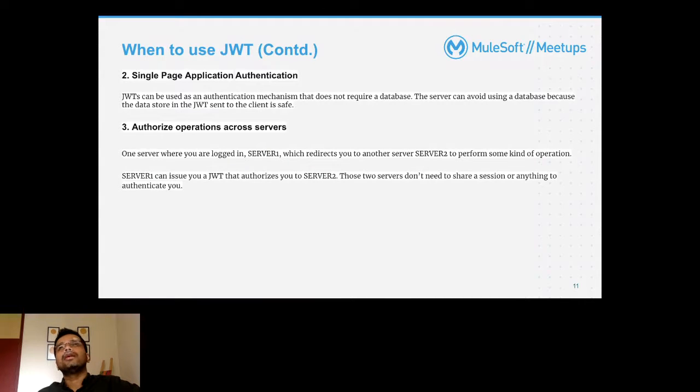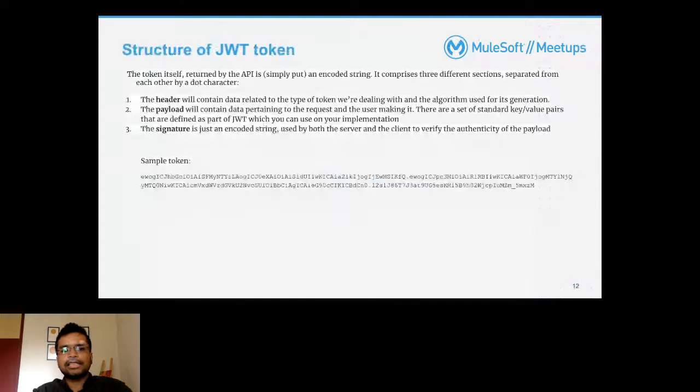And one more thing here, if you see the payload section. The payload contains the request, but it's not that you can pass anything into this. You can't pass PHI data into it, because this token can be taken by anyone.